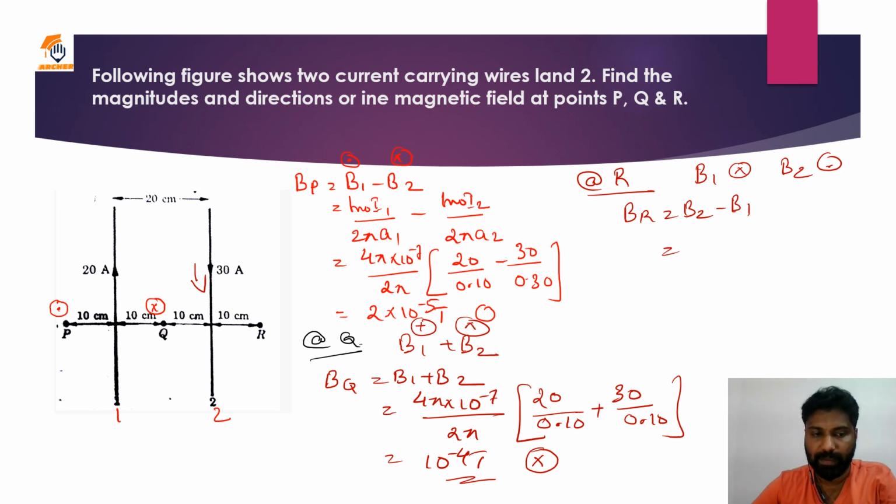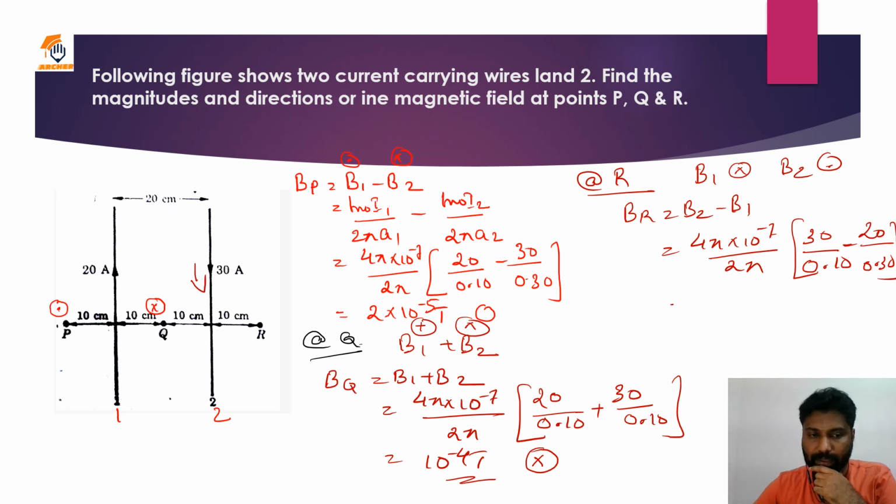Okay, so this will be 4π into 10 raised to minus 7 divided by 2π into, here the current will be B2 minus B1, so 30 divided by 0.10 minus 20 upon 0.30 will come.